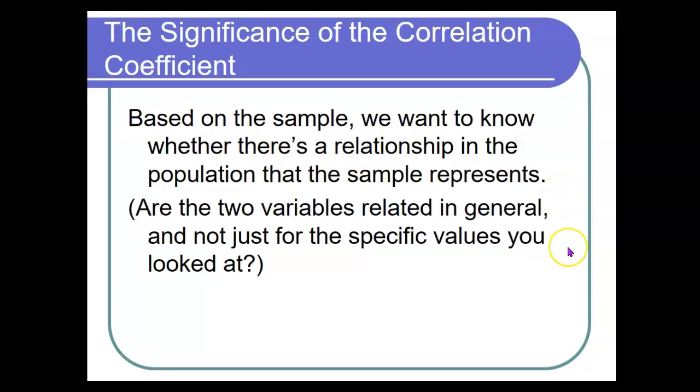Are the two variables related in general and not just for those specific data points you looked at? Like, do higher temperatures mean more emergency calls in general as opposed to just on those specific 7 days that we looked at? Are those 7 days enough for us to generalize and say that, as a general rule, when the temperature is higher, there tend to be more emergency calls?